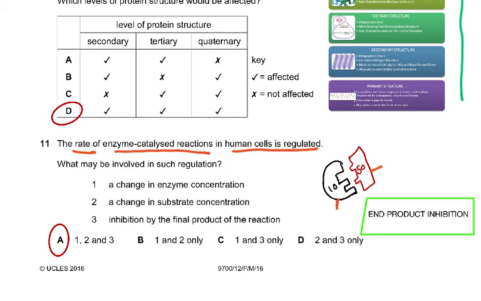But if the substrate is in excess, the enzyme reactions are going to keep on taking place. But in some situations, there is end product inhibition. After a series of reactions, sometimes the end product is going to inhibit the first enzyme, and that's going to stop the reaction from occurring. I've given an example of this in my video on the chapter on enzymes.